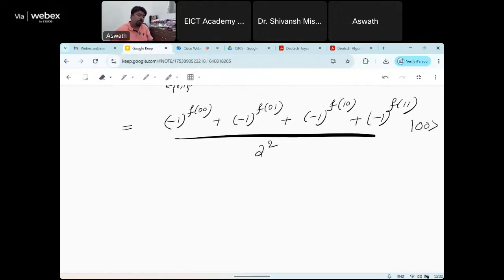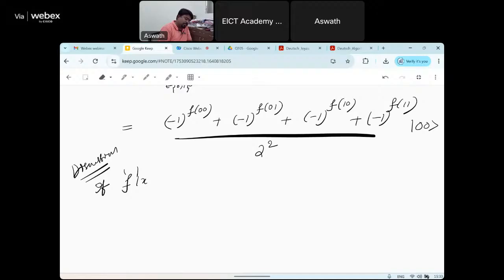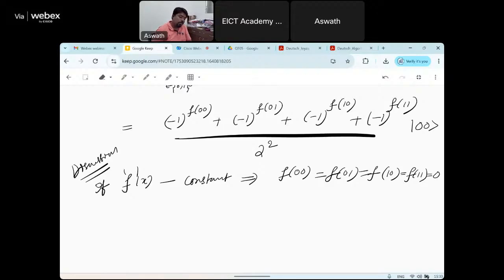Now you come back. Let's say a function is balanced. Now discussion. If f of x is, let's take the constant case first, which implies all f's are zeros or all are 1. Let's say all of them are 0. In that case, what will I get? Minus 1 to the power of 0 is just 1.